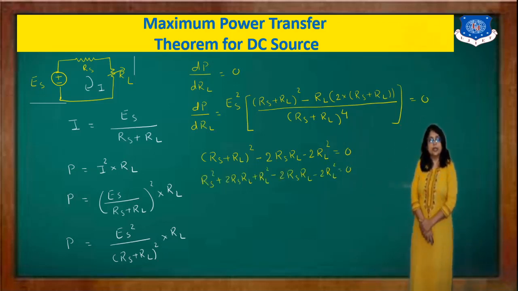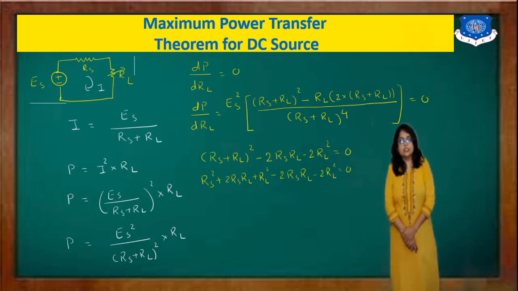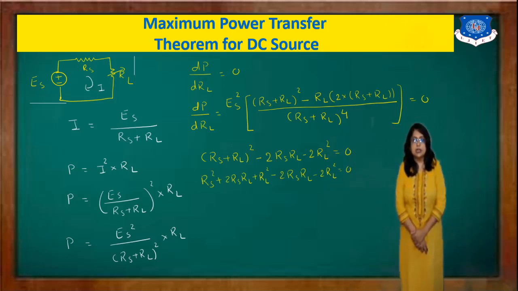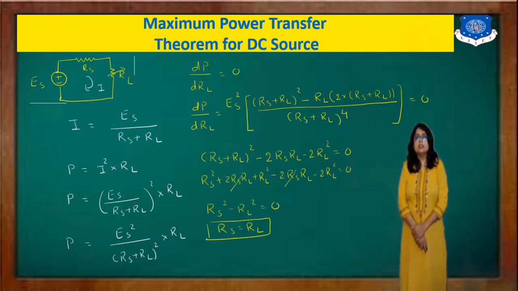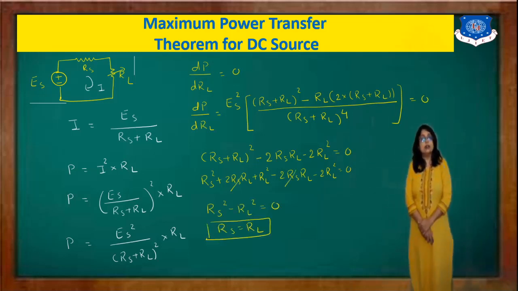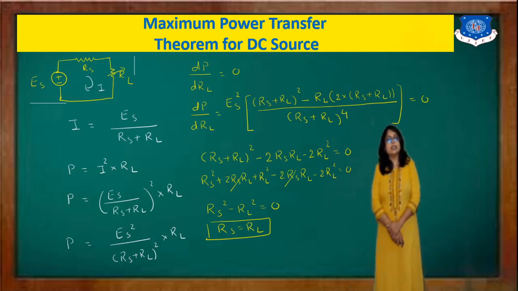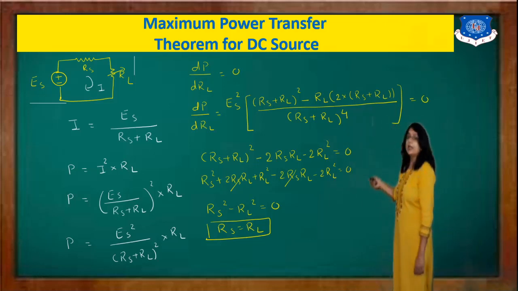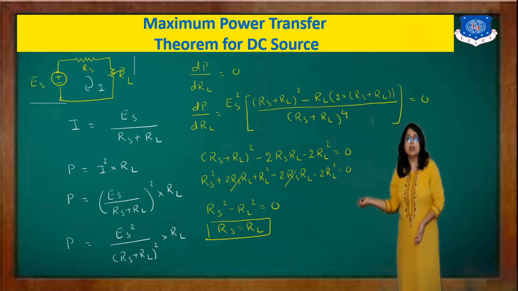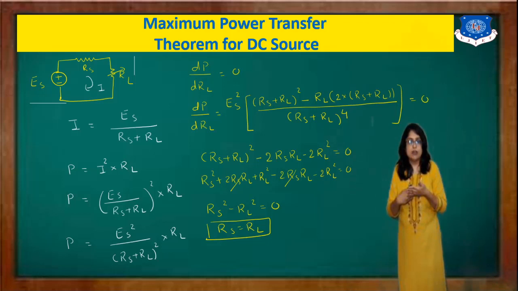Now open this bracket: RS square plus 2RS RL plus RL square minus 2RS RL minus 2RL square. If you simplify this, you will get RS square minus RL square equals 0. So the value of RS equals RL. Here we will not consider plus or minus RL.